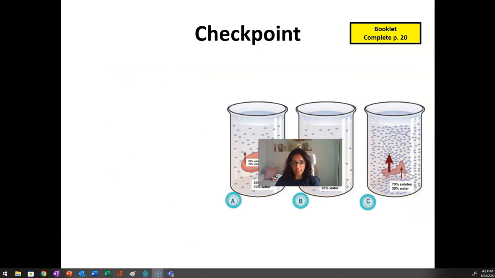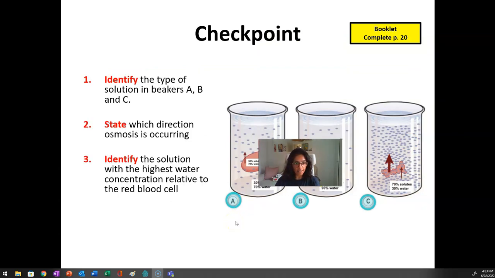Okay, so at this point, you should be able to answer these questions. First question, identify the types of solution in beakers A, B, and C. So we're going back to those words regarding tonicity: hypertonic, hypotonic, or isotonic.